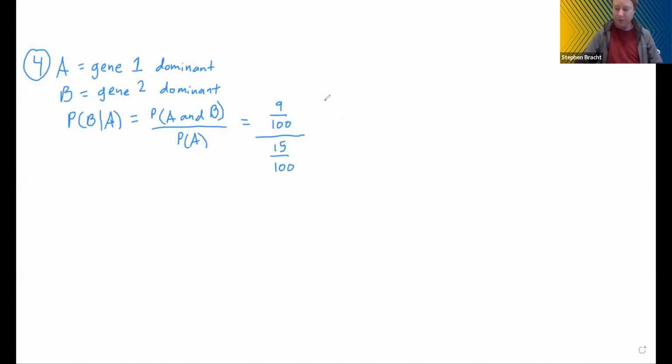I'm dividing two fractions that have the same denominator, so that's going to simplify down into just 9 divided by 15, or in decimal form, 0.60. Okay. So that is how that one's done.